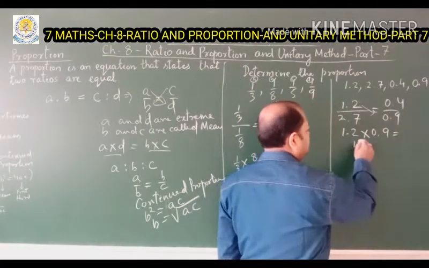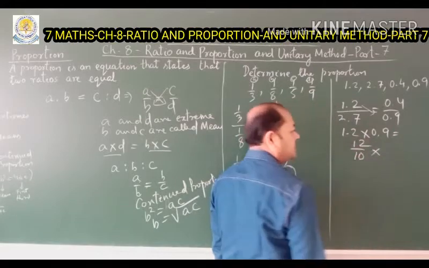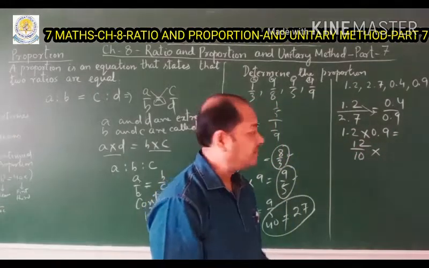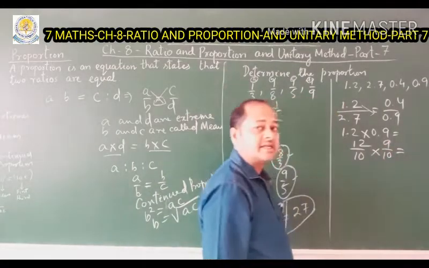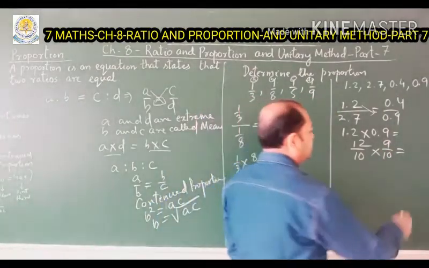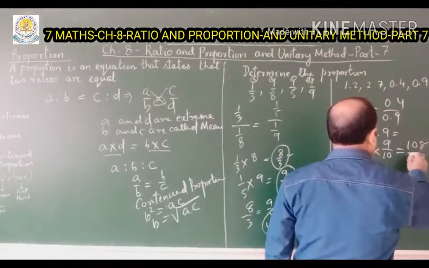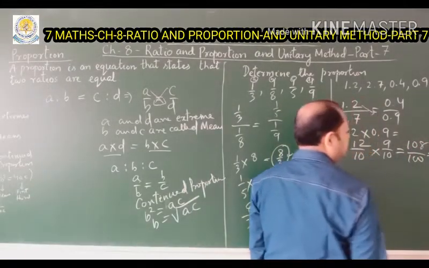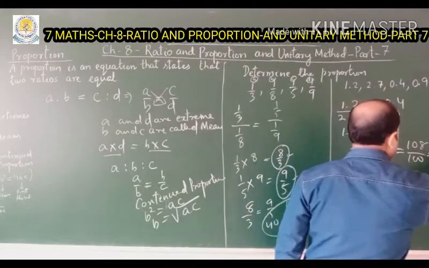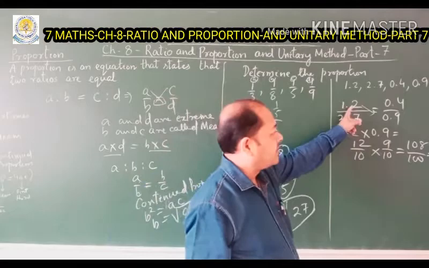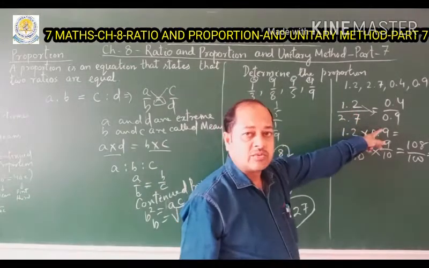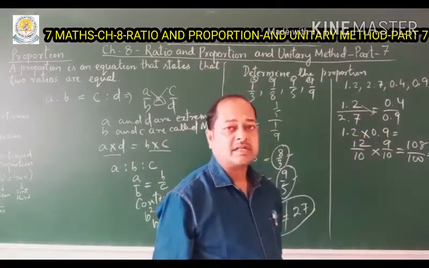That is the same as 12 by 10 into 9 by 10. So 12 nines are how much? That is 108. So 108 upon 100. So what is the result? The result becomes 1.08. We got the value after cross multiplying 1.2 with 0.9, that is 1.08.